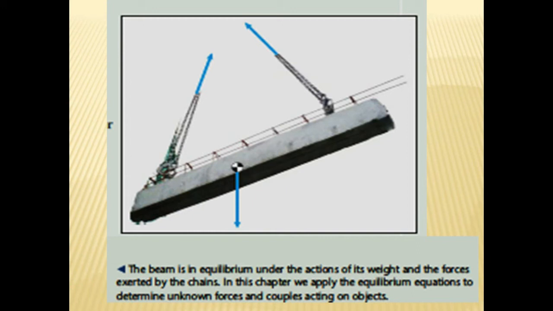So the beam is in equilibrium under the action of its own weight and the forces exerted by the chains or ropes. Okay? So we assume this beam is in equilibrium because of its weight, and then there will be some forces exerted on the chains. Why are they exerted on the chains? Because of the weight of the beam. And so in this chapter we apply the equilibrium equations to determine the unknown couples acting on the object.